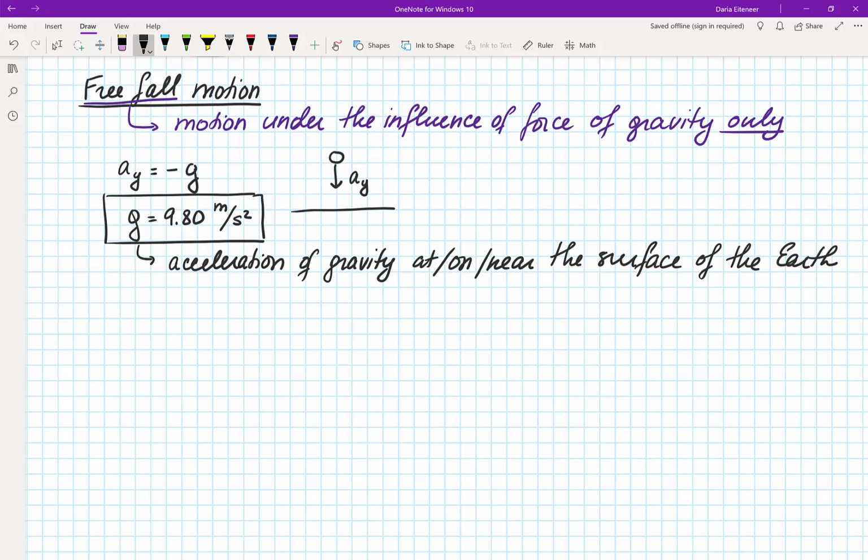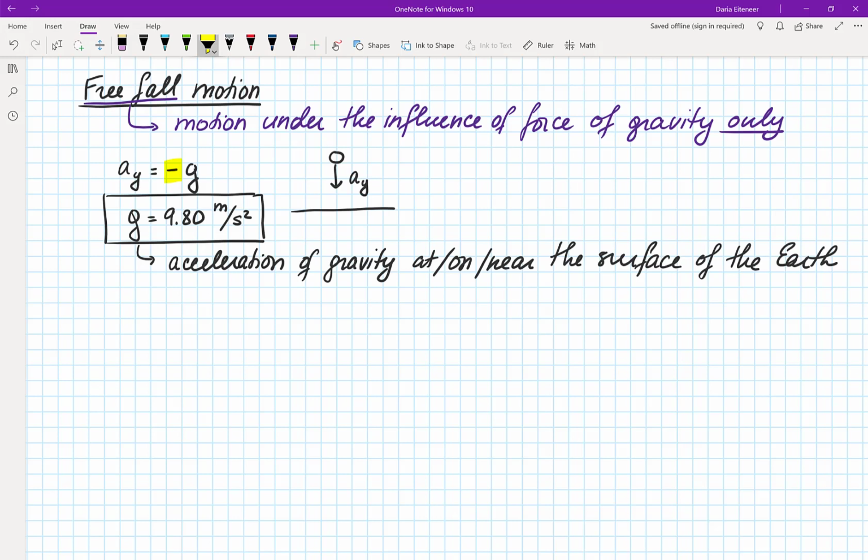Now also notice that there is this extra minus sign here. g by itself is a positive constant. That's a common place for students to make an error. So g itself is positive. The only reason that I wrote a_y as negative g is because it's downward towards the Earth, right?